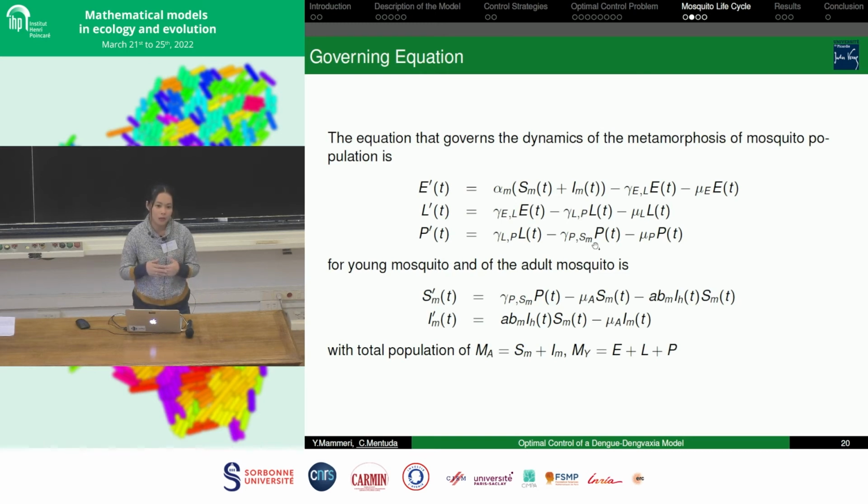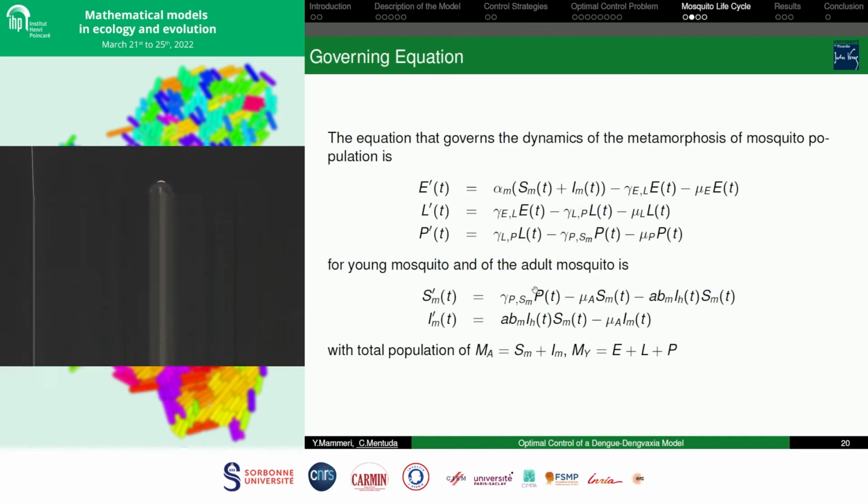So we assume that the infection in mosquitoes does not pass through the egg. So we only assume that all the emerging new adults are always susceptible.